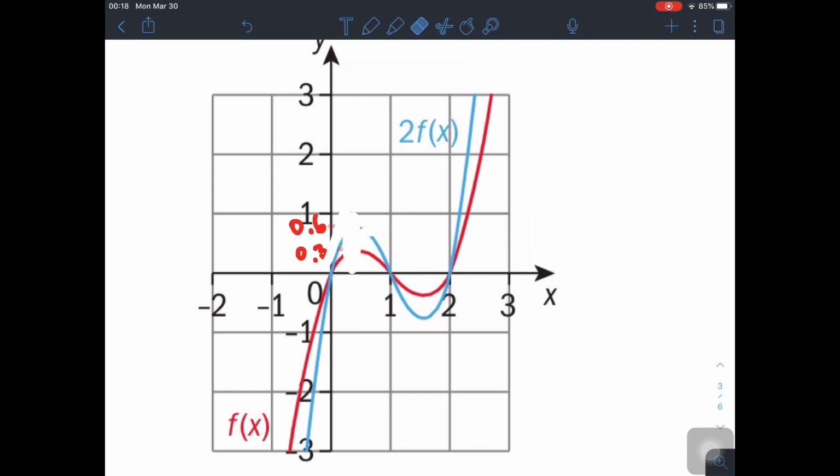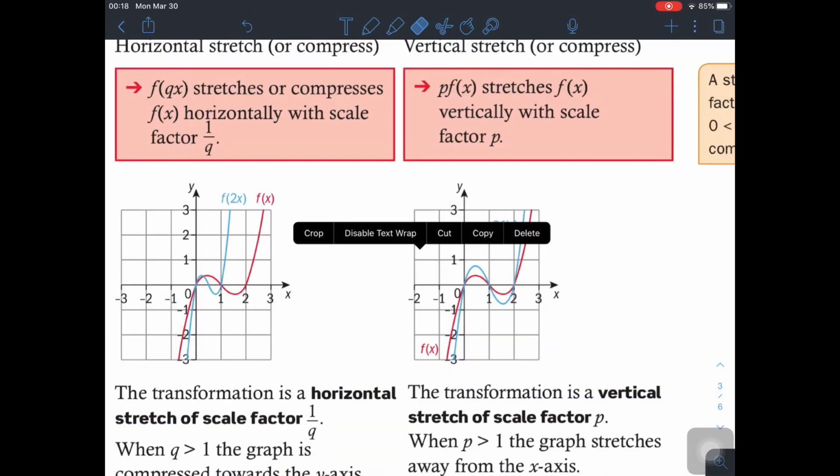It's double its value, okay? Or maybe another point. This, which was the y coordinate, is 1, it doubles, and the new value for the blue function goes to 2, okay? So all of the values of y are doubling in this case, instead of halving like in this case over here.